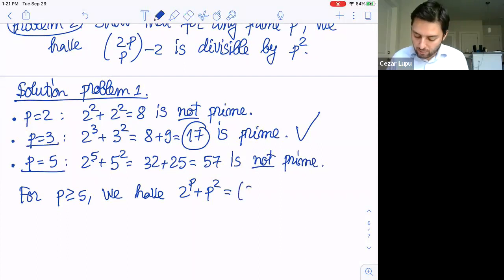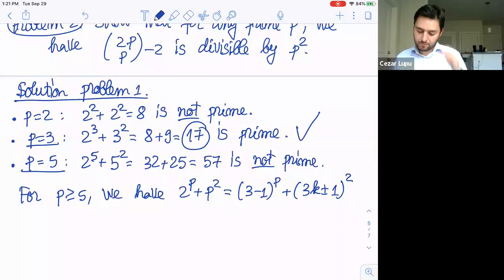So this guy, 2, is nothing else than 3 minus 1 to the power p, right? Plus, this guy is 3k plus minus 1 squared, right? So for p greater than 5, you can write the prime as 3k plus minus 1, will be of this form, right? And this will be a multiple of 3 at some point, right?